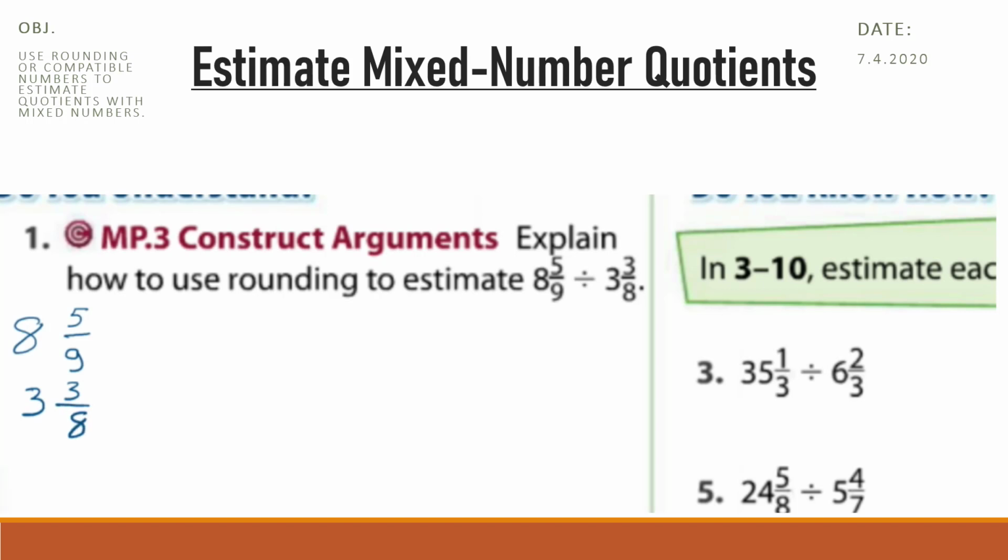For the first number, the dividend, 8 5/9, we know that 5/9 is greater than half. So 8 5/9 approximately is equal to 9.